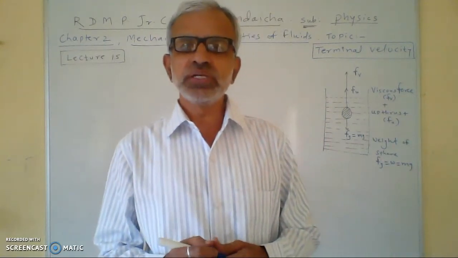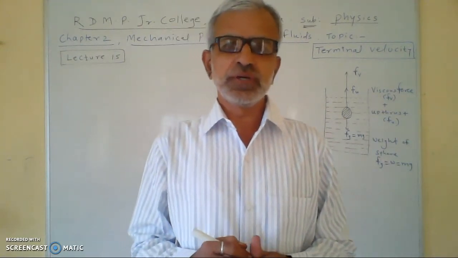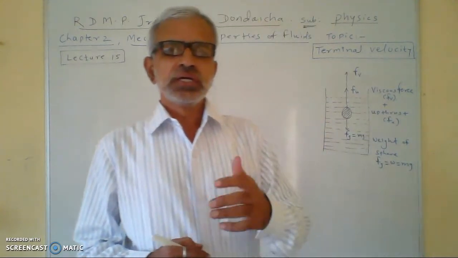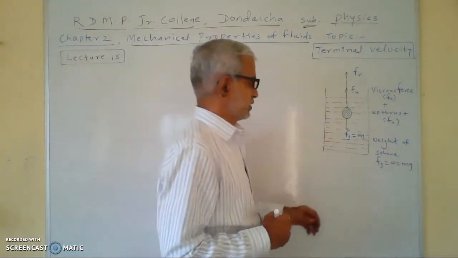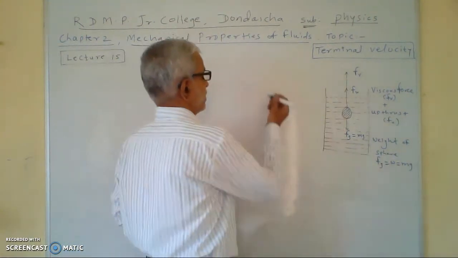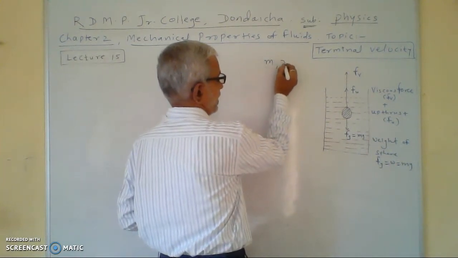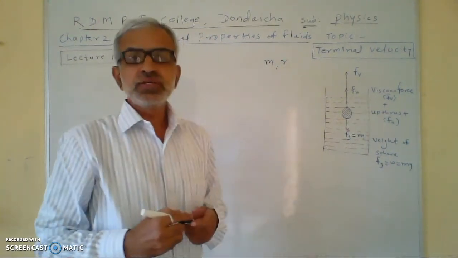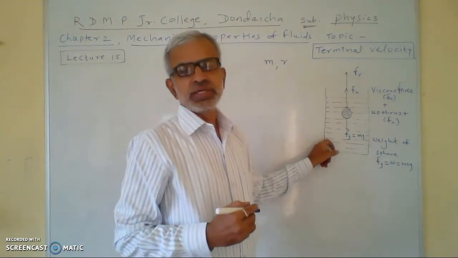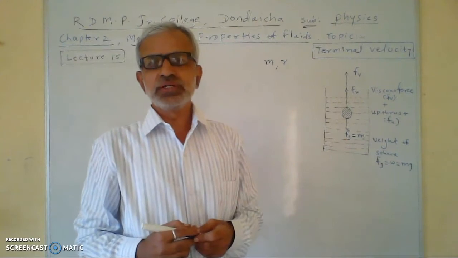And today's topic is terminal velocity. Now to study terminal velocity, let us consider a sphere of mass m and radius r, and this sphere is falling freely in the viscous liquid.